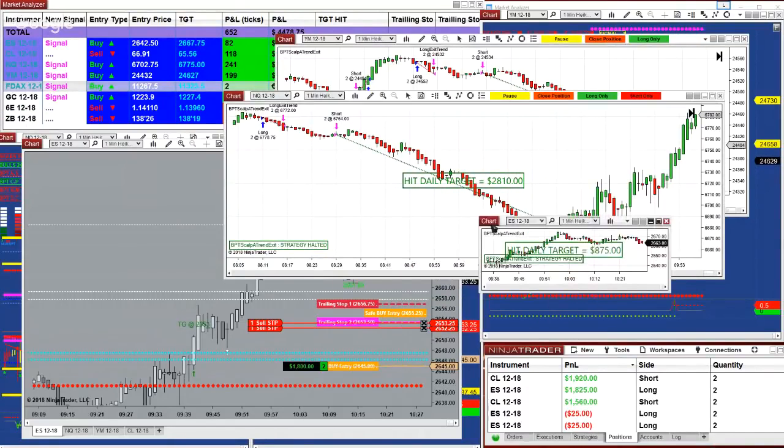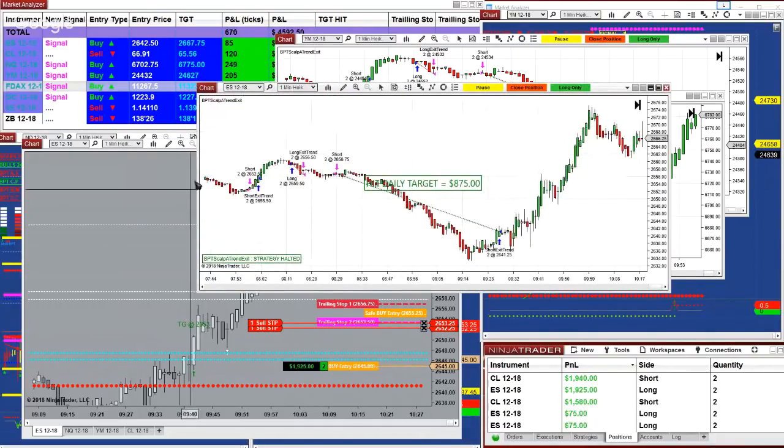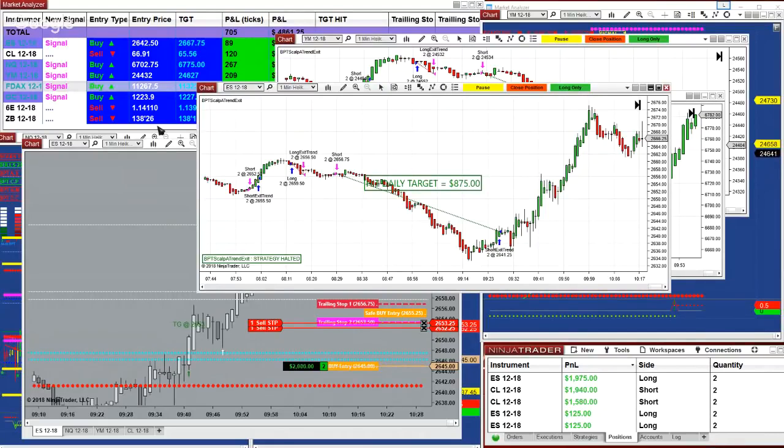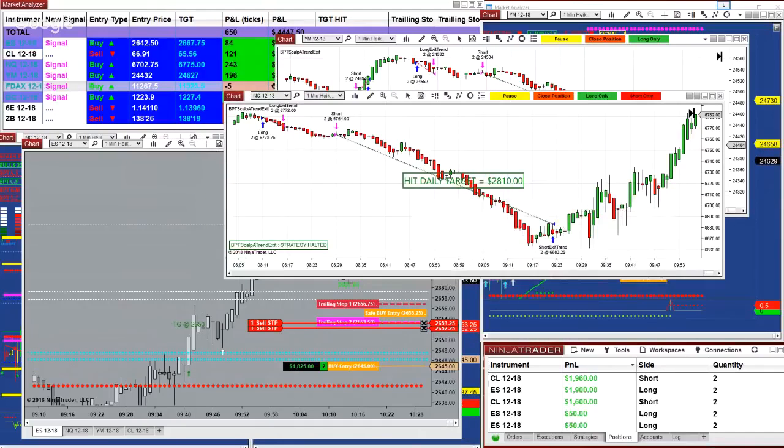And the ES, 875. They're all on a $500 daily target, but when the market is going in your direction, it's not going to close. It's going to stay. The last trade is going to stay there. Okay, so those are the unfiltered ones, and we will see the filtered ones, so we will not be skipping anything.